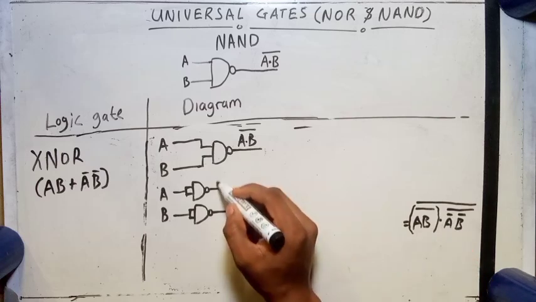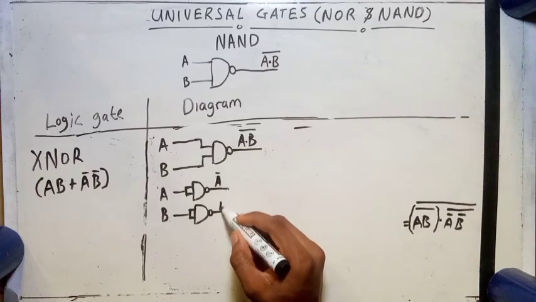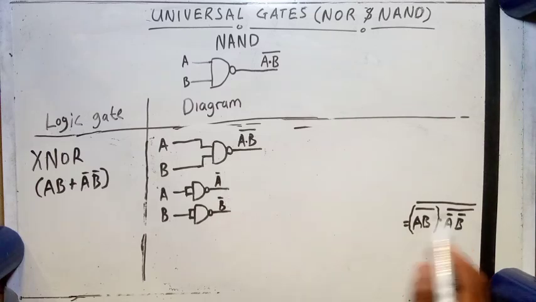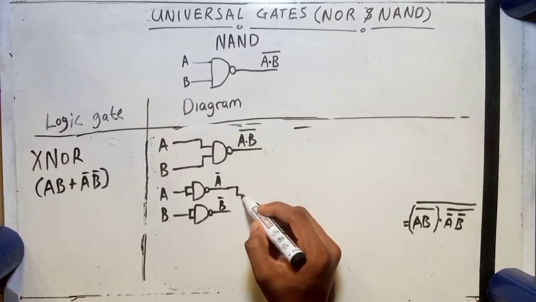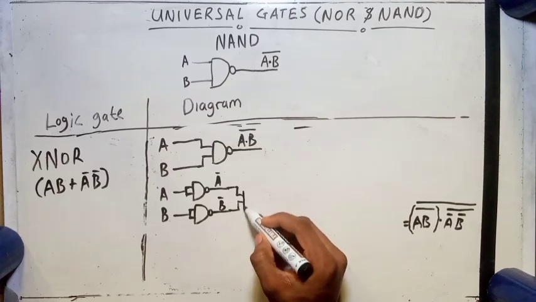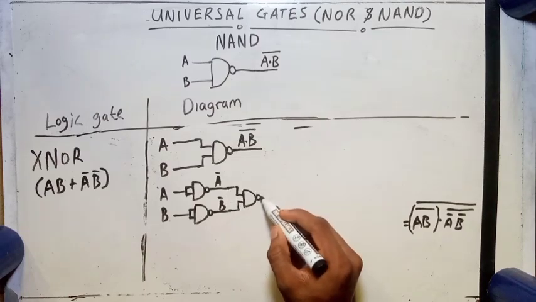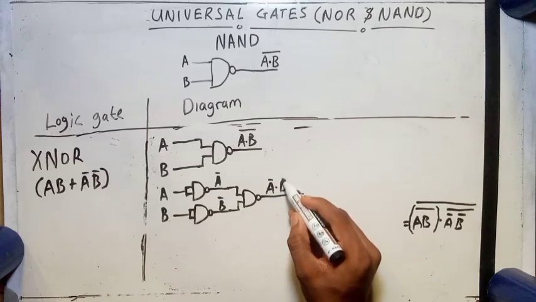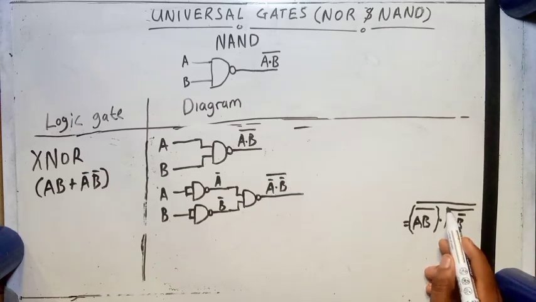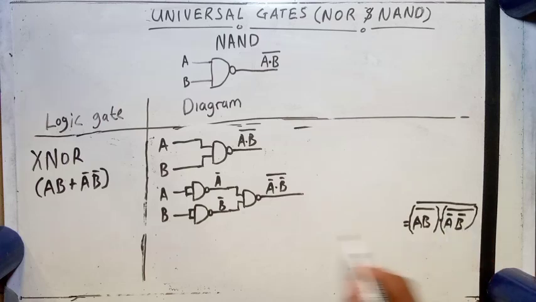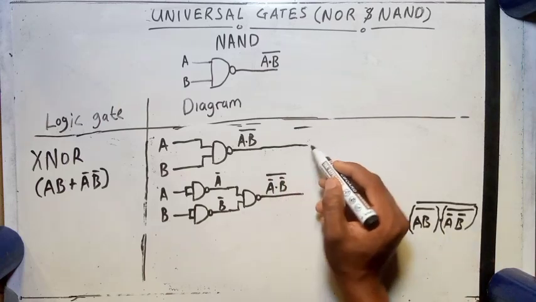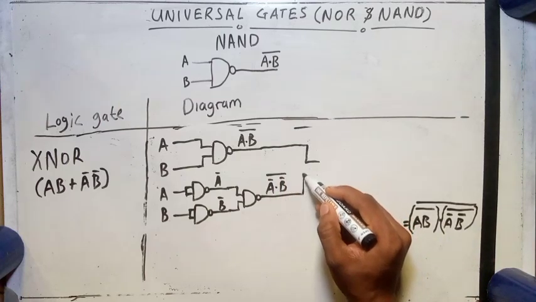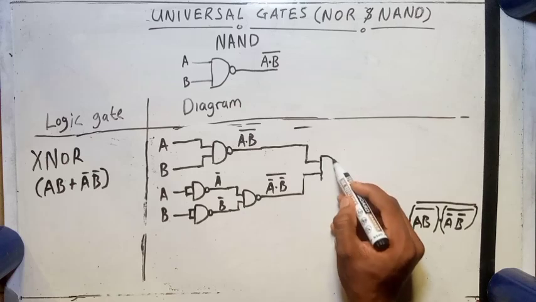The other one, we have just done A bar and B bar. Now we need to also join the two of them together. So we can have A bar dot B bar, all bar. Getting this other one. Then finally, we join the two of them with a general NAND.